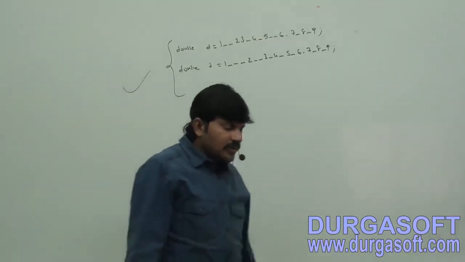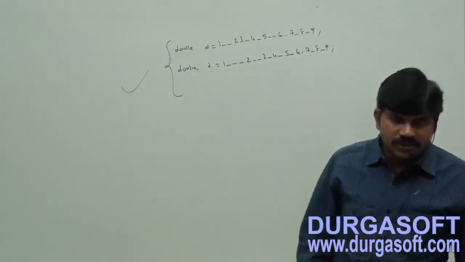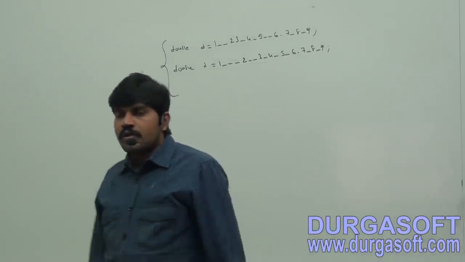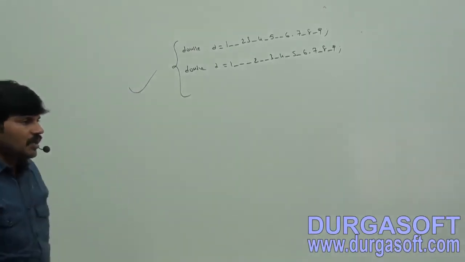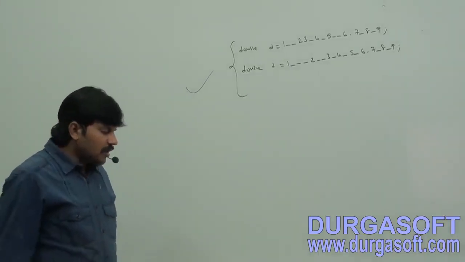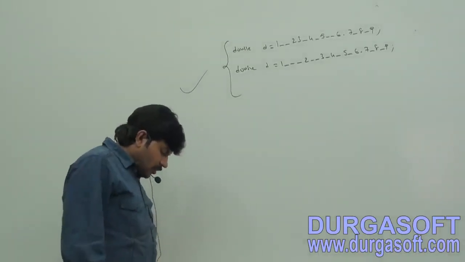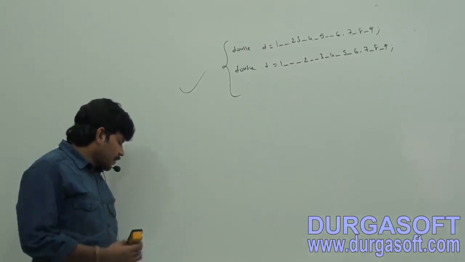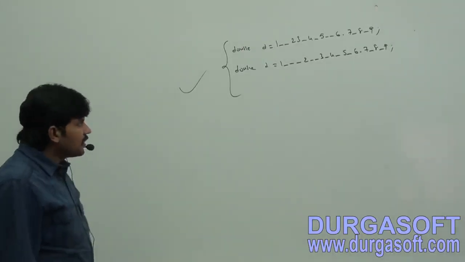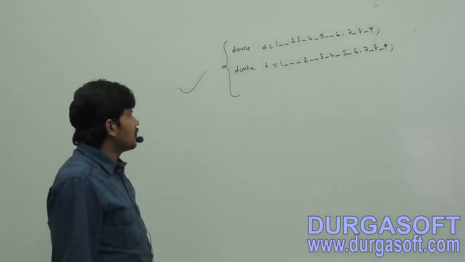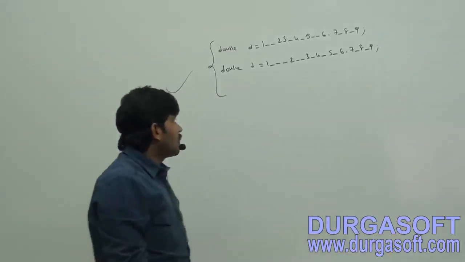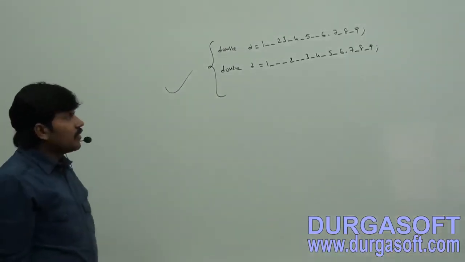We can use more than one underscore symbol also between the digits. Like this one: double d is equal to 1 underscore 23 underscore 4.